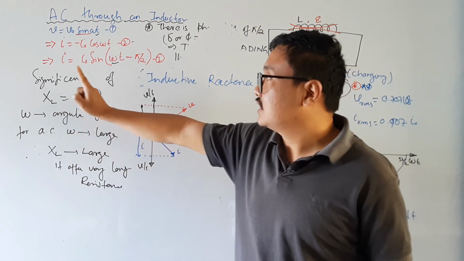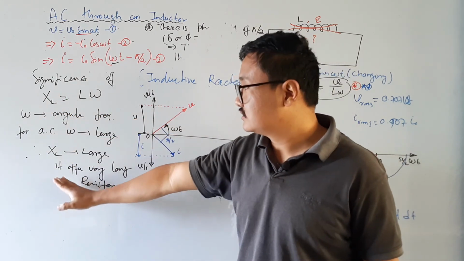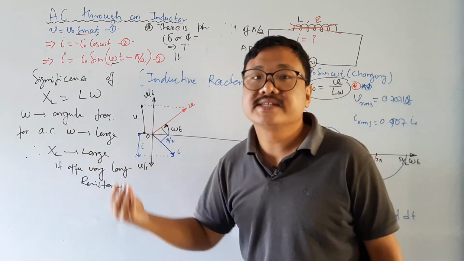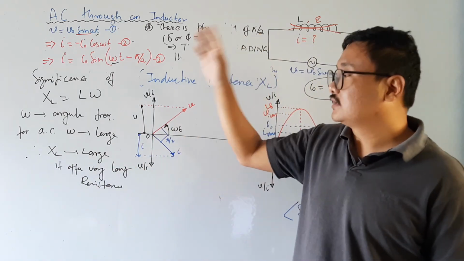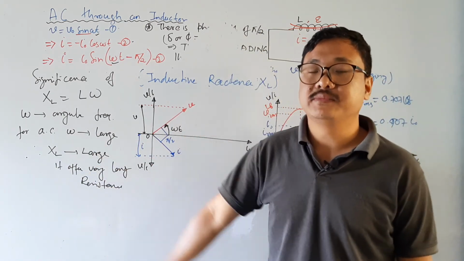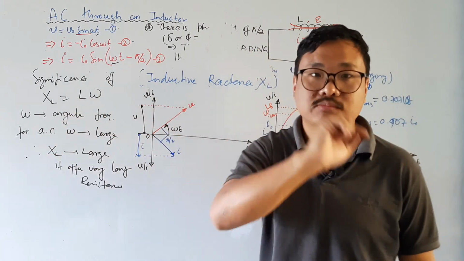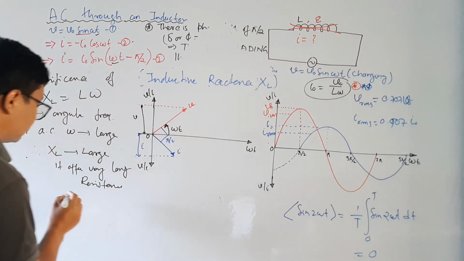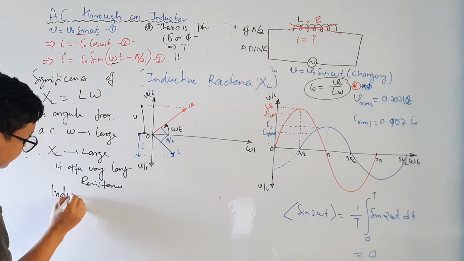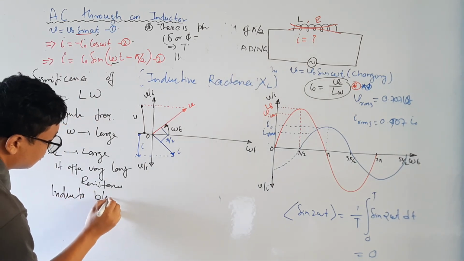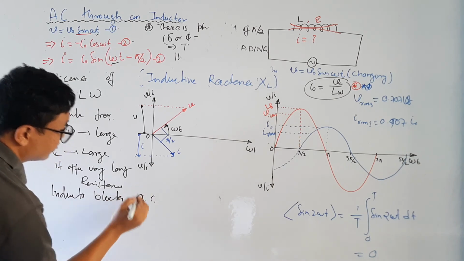If omega is large, XL is large. If XL is large, that means the resistance offered by the inductor to the alternating current is large. It means that the inductor blocks the AC. A very important point: the inductor blocks AC, the conclusion part.